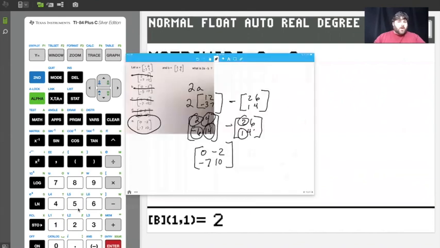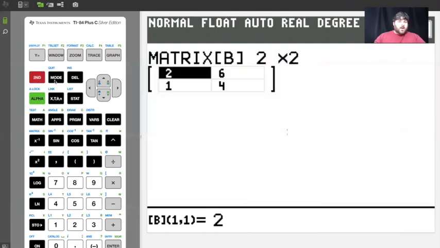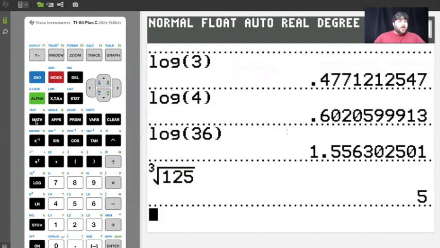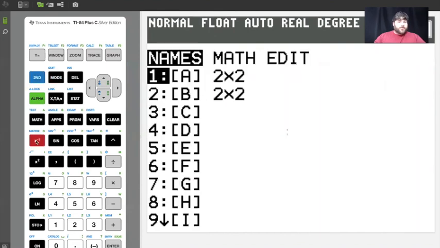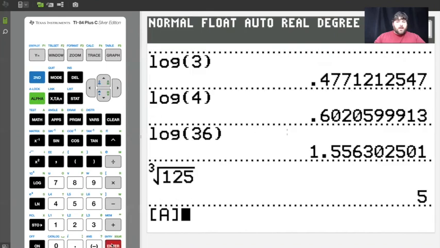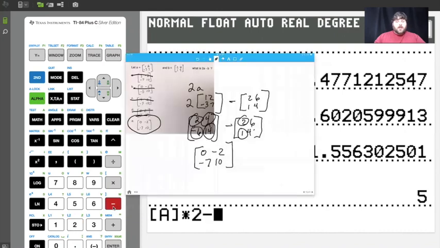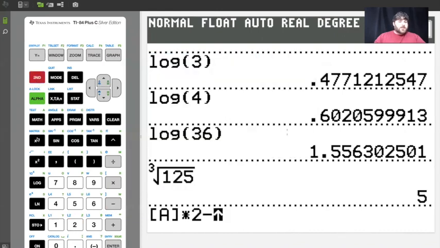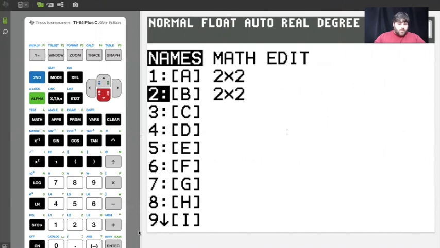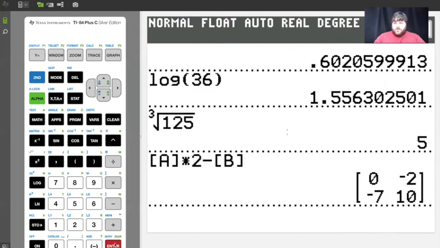Then you go, okay, I need to do 2A minus B. So quit out of here, back to here, go to matrix. We're going to enter the name, matrix A. I'm going to do times 2. I forgot to do the 2 first, okay? Minus B. Okay, so back to matrix, go to names, hit B, and it will input it where I need it. There we go.